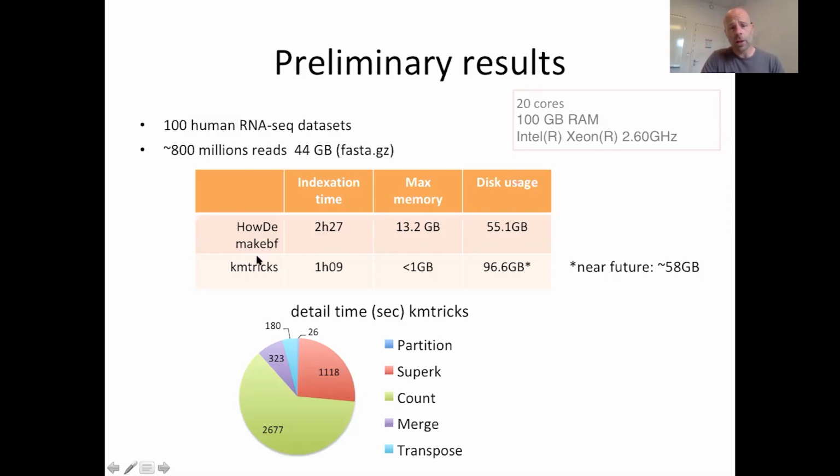As a comparison, kmtricks here took a bit more than 1 hour, so it's more than twice as fast as Audi MacBF steps. The maximal memory is much lower, but this is not really important because, as I said, this is really acceptable.